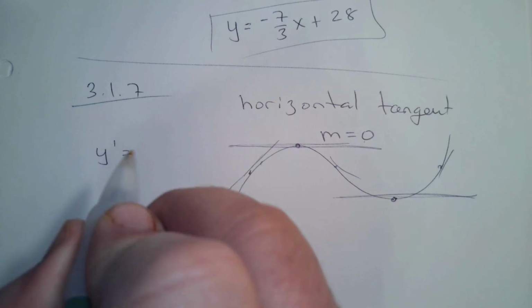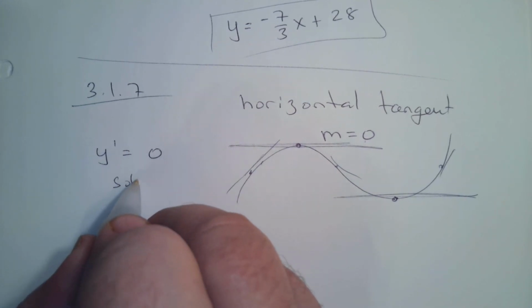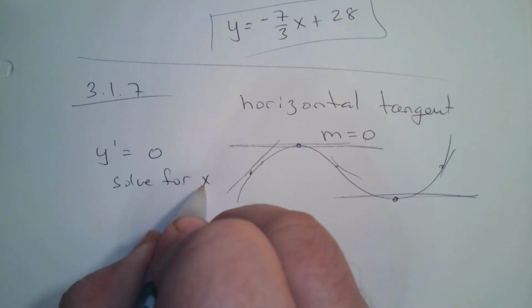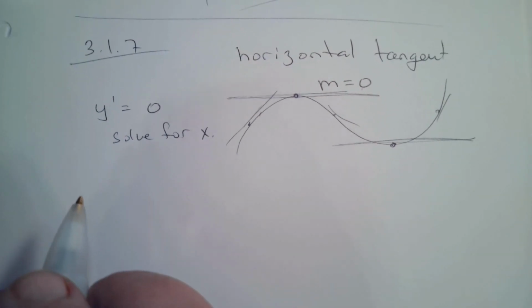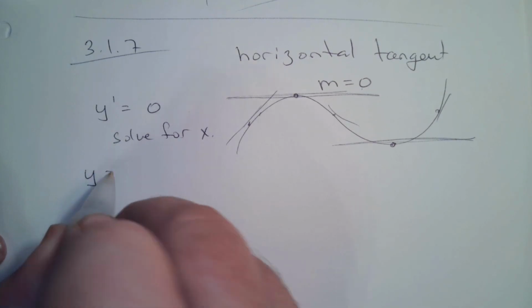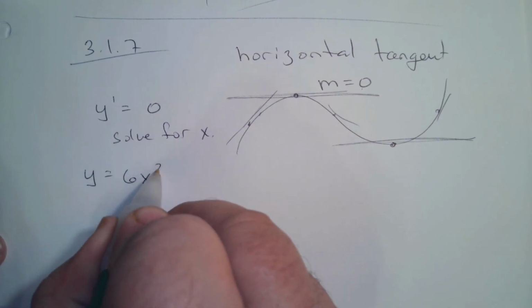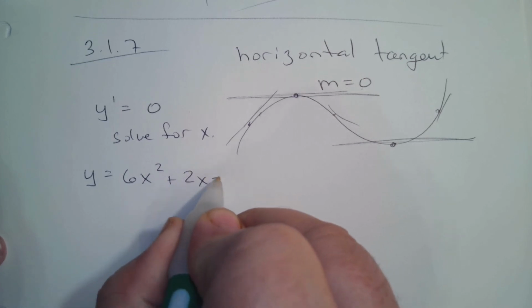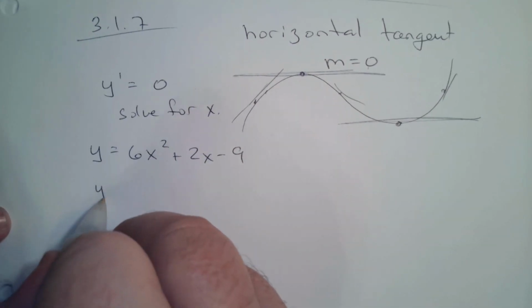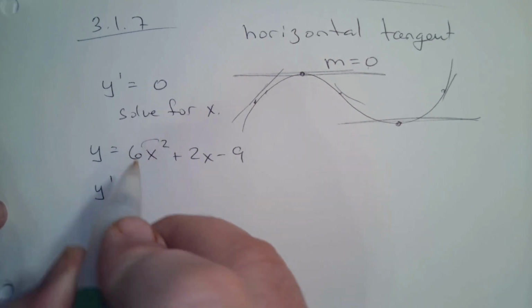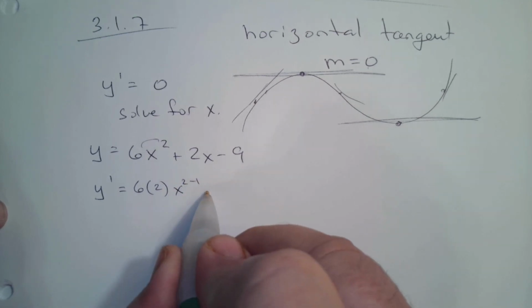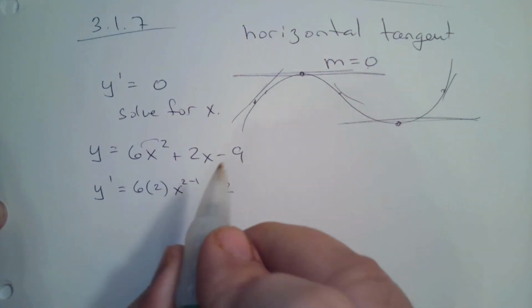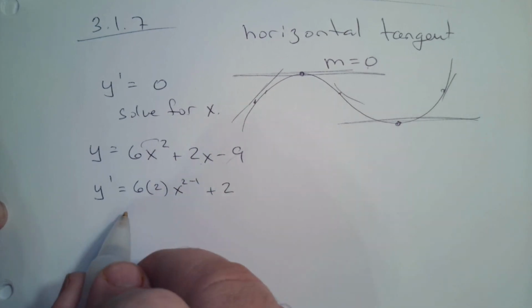So once you find that, set it equal to 0, solve for x and y. It's asking for a point. So for our equation, it's 6x squared plus 2x minus 9. The slope: 6 times 2, 2 minus 1, 2, that's x, and that disappears.